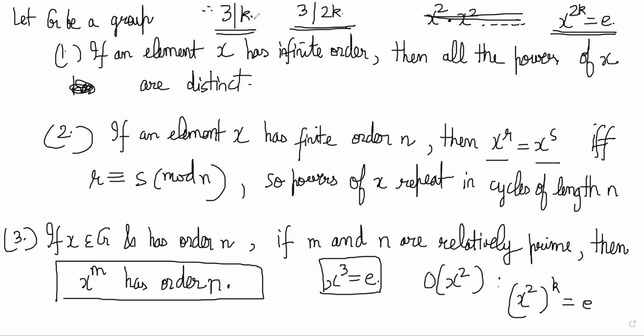So the smallest k that can come is 3. The smallest k will be 3, and therefore x power m also has order 3. Here 2 and 3 were relatively prime, so therefore that is happening. If you don't understand this right now, please let me know in the comments. We'll discuss problems like these in the future and it will be much clearer, right?